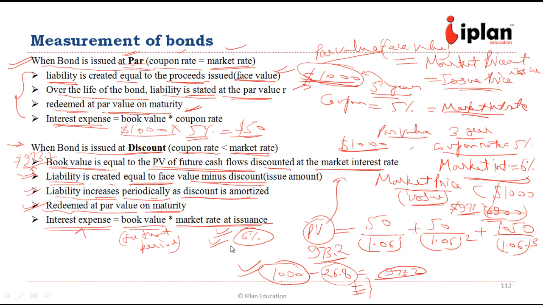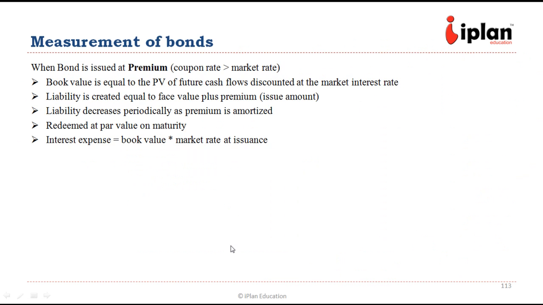Now let us look at another case where the bond is issued at a premium. So here the bond is giving coupon rate more than the market rate. So that is why it is being issued at premium. Suppose it is a $1,000 bond for 3-year period. This was the face value or par value.